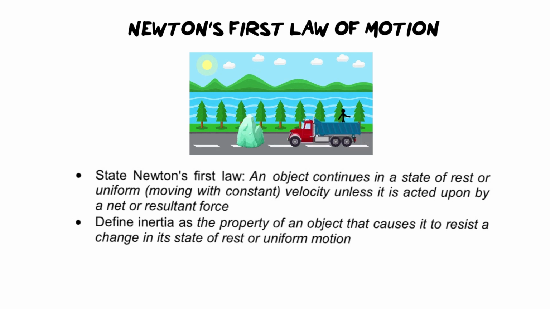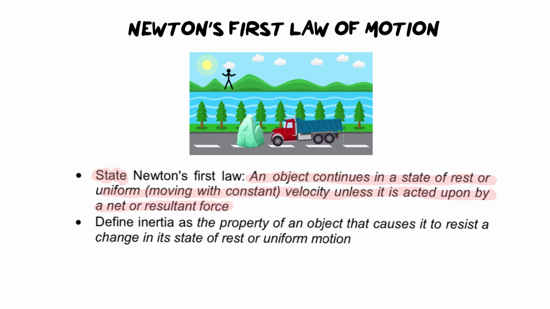The law we're looking at now is Newton's first law of motion. So when you're looking at this section, you will need to make sure that you know how to state the law. And the law goes like this. Newton's first law states that an object continues in a state of rest or uniform motion, or uniform velocity rather, unless it's acted upon by a net or a resultant force.